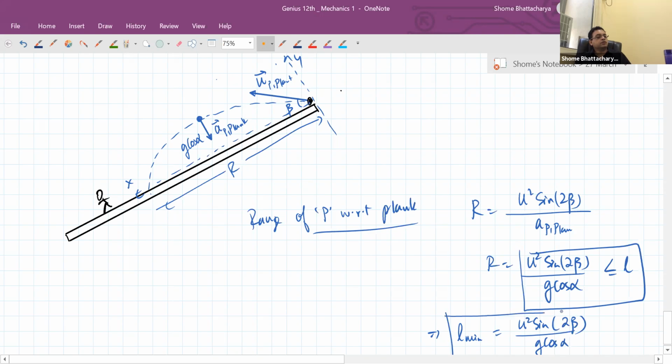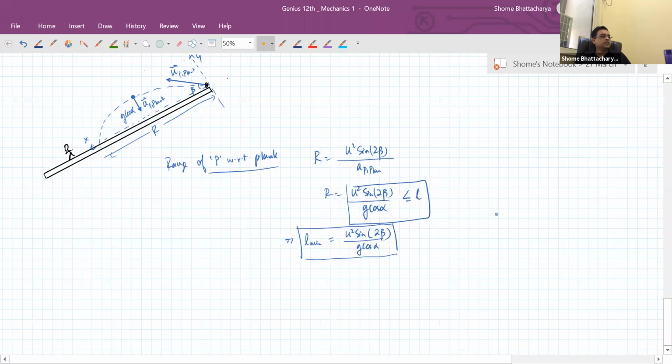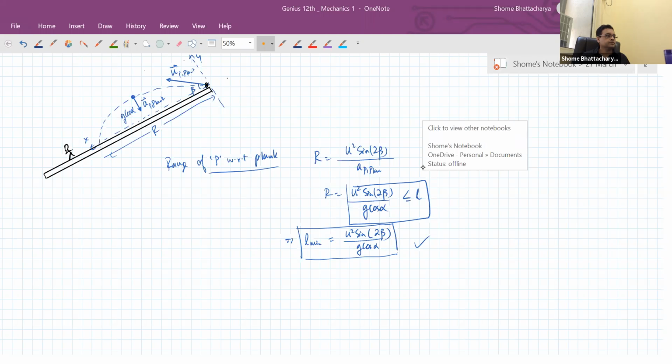This is one of the advantages of using relative motion. Whenever we are comparing the motion of one moving object with respect to another moving object, there is always a benefit in using relative motion as opposed to individually solving their motions. We can also solve this by individually solving the motion of the Planck and the particle. Some of you might have used that also, but the advantage is here.